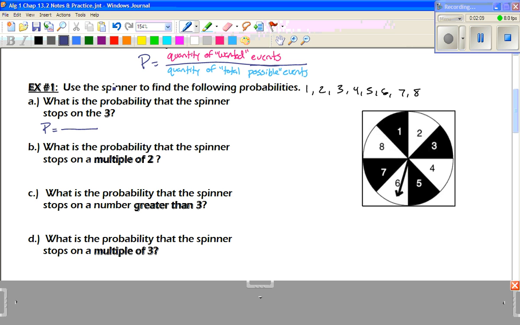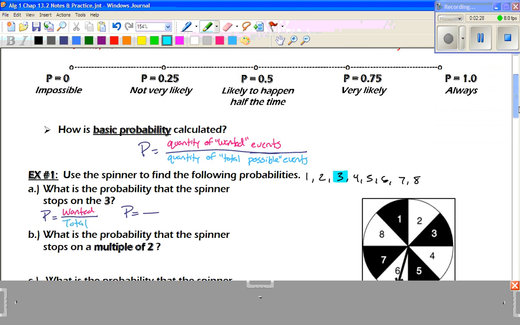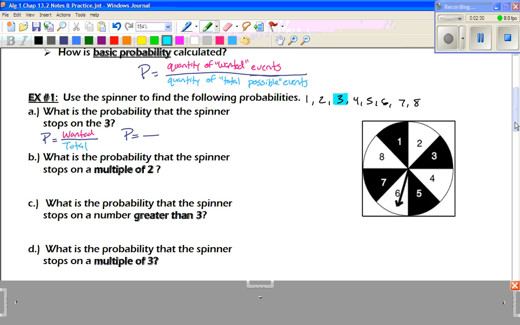So remember that probability equals your wanted events over the total. Okay? So P equals, well, let's see. There's only 1, 3, right? Okay.